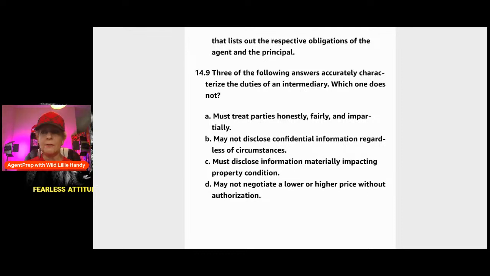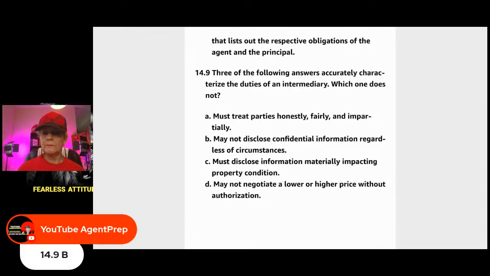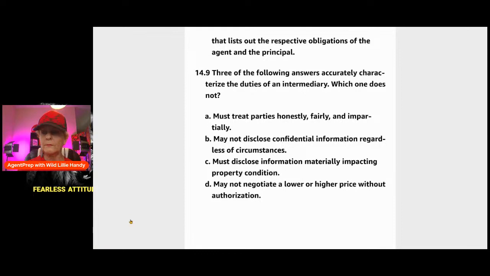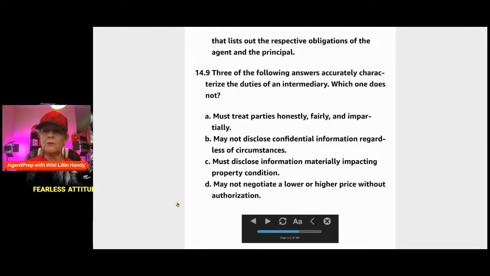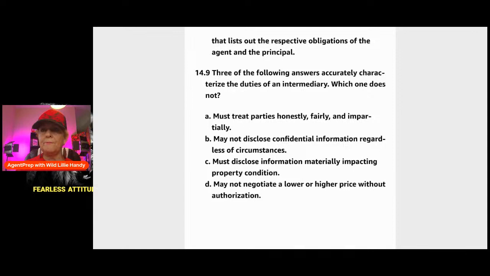Yes, B. May not disclose confidential information regardless of circumstances. If the courts are requiring it, then it will be disclosed. So the duties of an intermediary is we must disclose if the courts require the confidential information. Here on the answers, we had A, must treat parties honestly, fairly, and impartially.